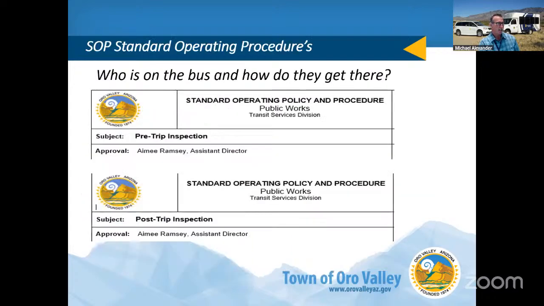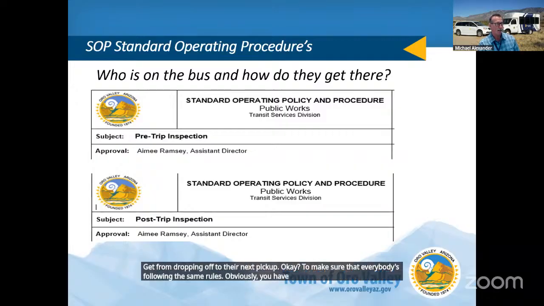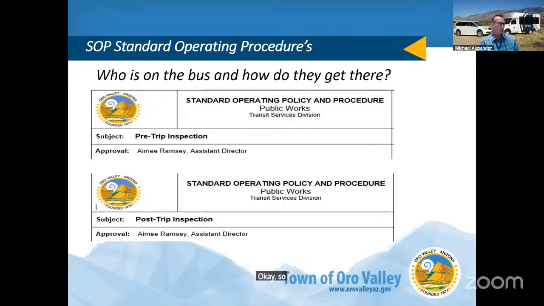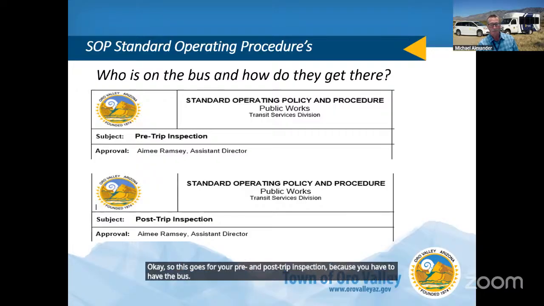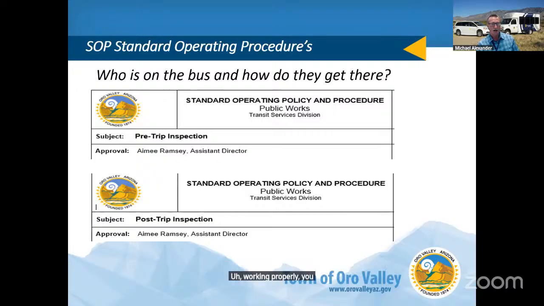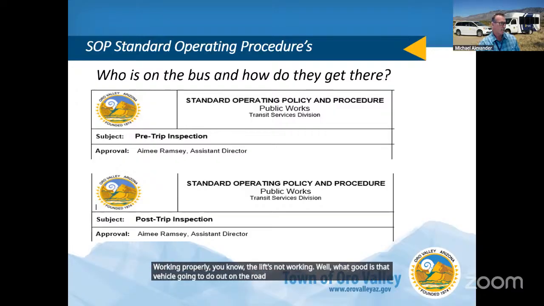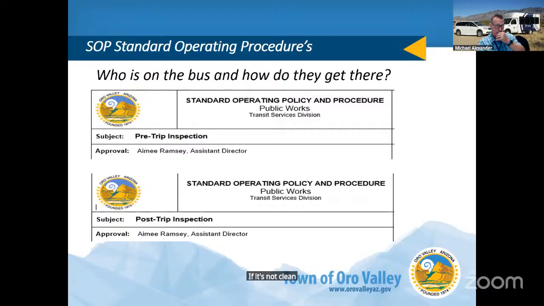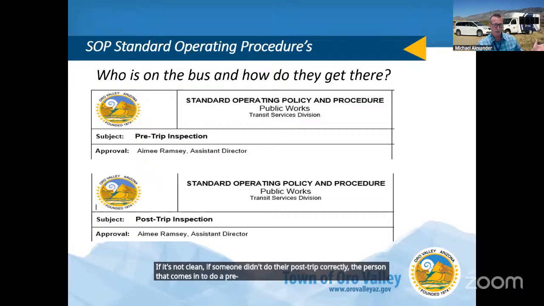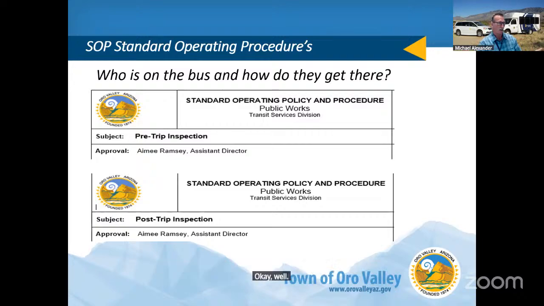To make sure that everybody's following the same rules, obviously you have to have standard operating procedures. This goes for your pre and post trip inspection, because you have to have the bus working properly. If the lift's not working, what good is that vehicle going to do out on the road? If it's not clean, if someone didn't do their post trip correctly, the person that comes in to do a pre-trip finds the bus is a mess. Well, it's taking longer for that person to get out on the road. So the post trip is equally as important as a pre-trip.